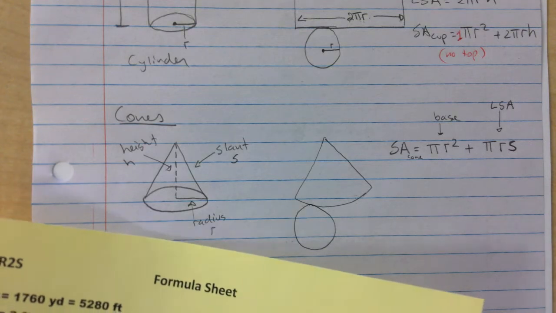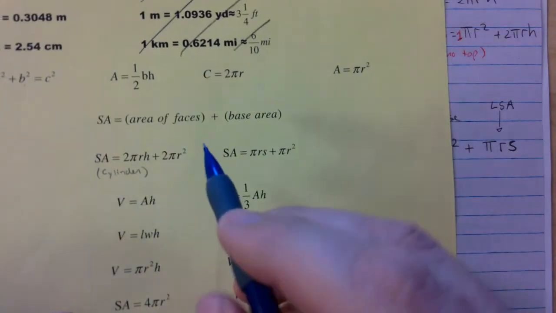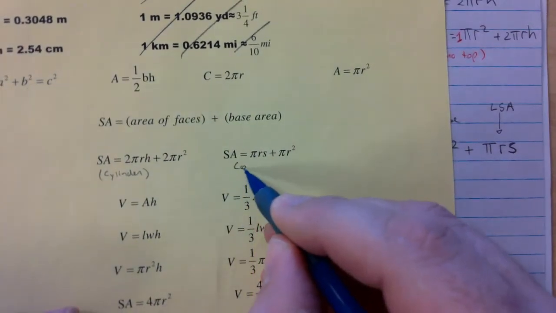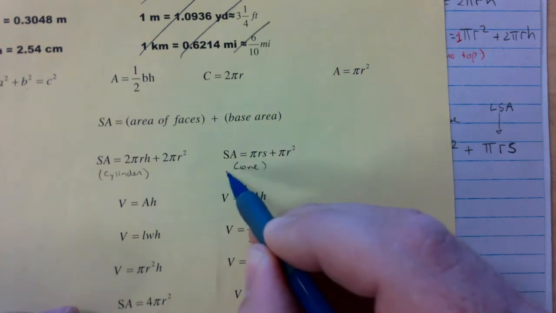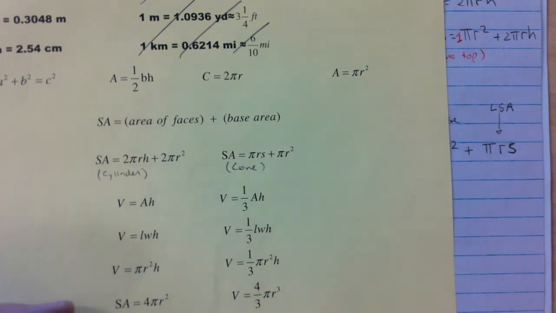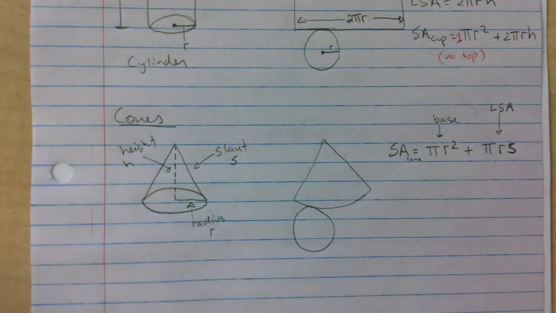So I'll just cover this up once. So if you want to put down cone here, that's fine with me. Okay. If you want to write down cone in your formula sheet.